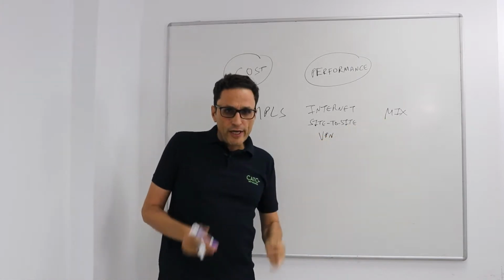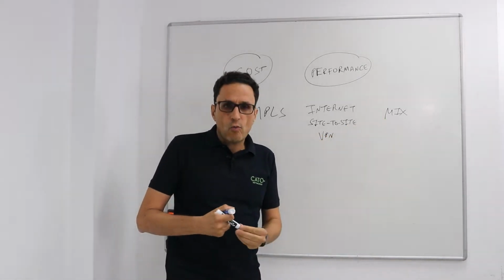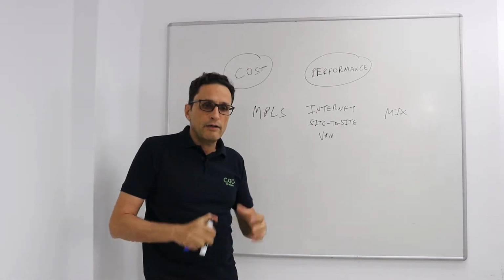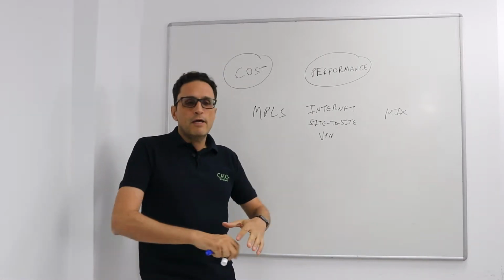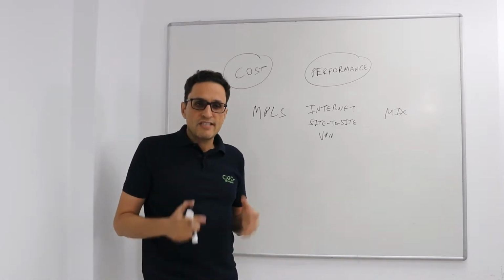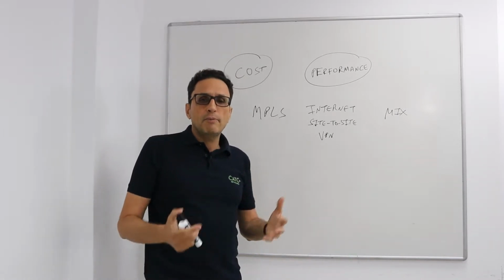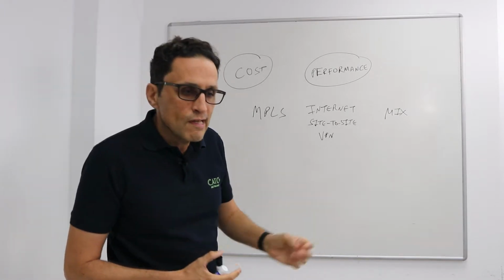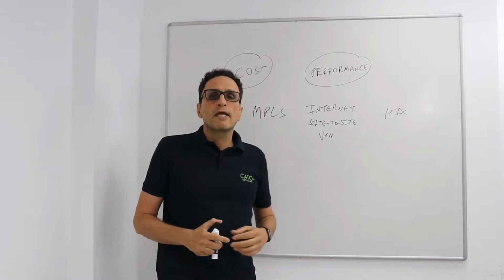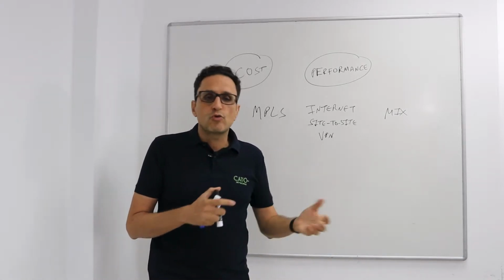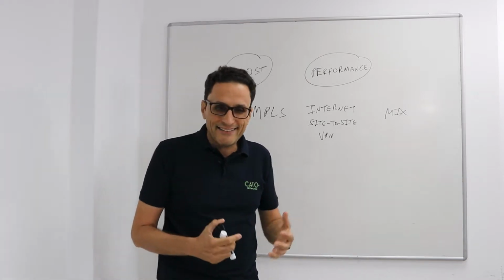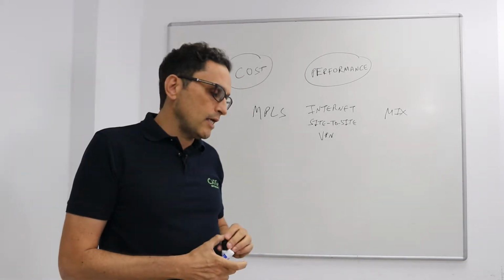A mixed situation typically arises where the customer has a geographical concentration, so they are in a specific geographical area, and they have a lot of locations in that area, and they use an MPLS provider to connect their branches, and then they have additional locations outside that region, and the best way for them is just to connect them using the internet, and this is how you get into this blended MPLS and internet mix.